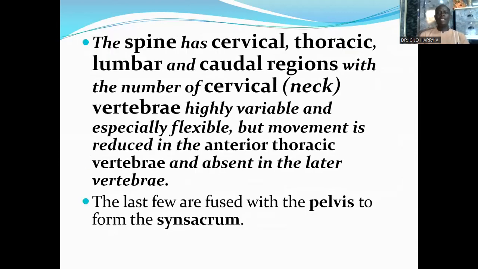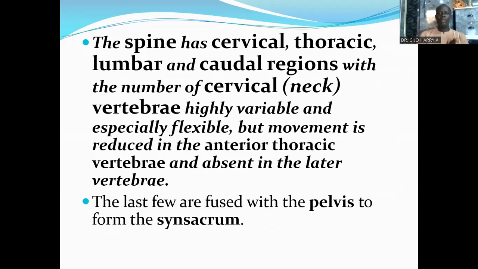The spine has cervical, thoracic, lumbar, and caudal regions, with a number of cervical vertebrae, that's neck bones, highly variable and especially flexible. But movement is reduced in the anterior thoracic vertebrae and absent in the lateral vertebrae. The last few are fused with the pelvis to form the sacrum.